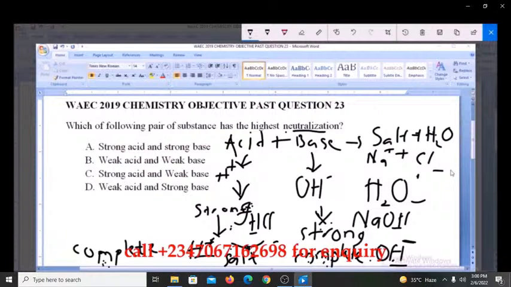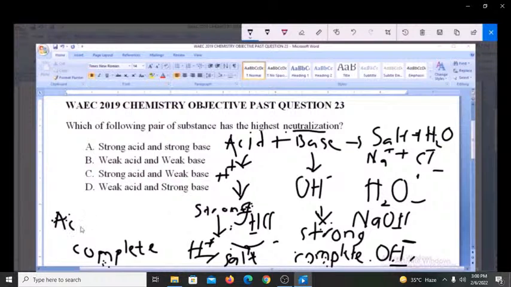So because of this complete dissociation and liberation of hydrogen and hydroxyl ion, the neutralization is very, very strong. Now for weak acid and weak base, an example of a weak acid is acetic acid.